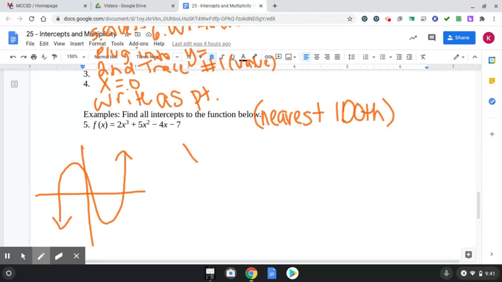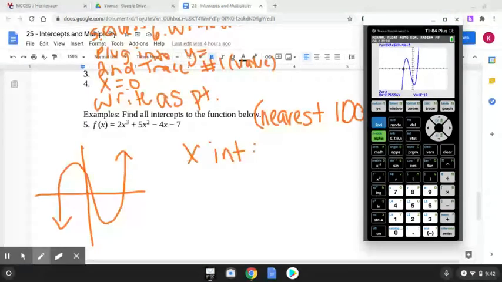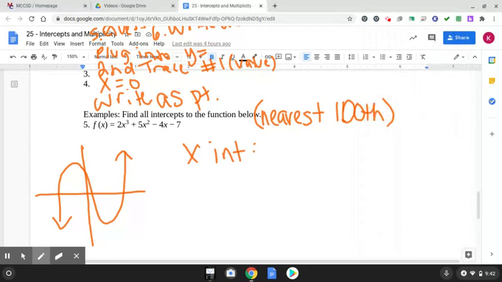So my x-intercept, again, was negative 2.77, 0. That's a decimal, not a comma.